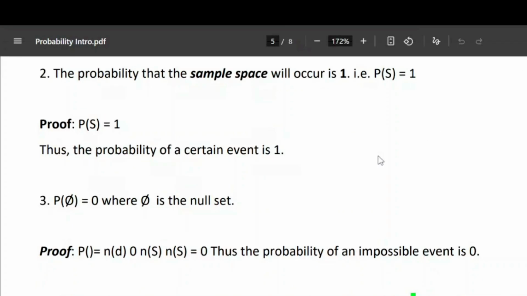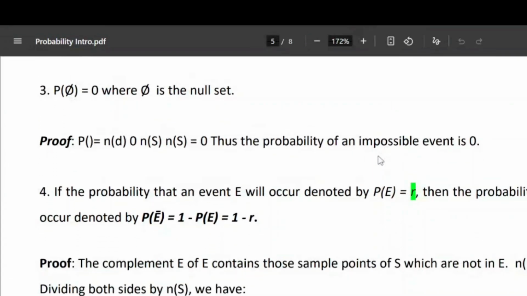So that is why you have seen it in symbol or notation: the probability that the event will not occur. So in that case, we can make anything the subject. We can make the probability that the event will occur the subject. We can also make the probability that the event will not occur the subject.